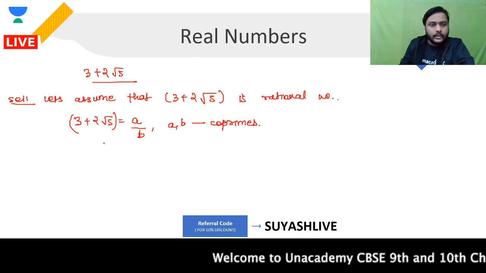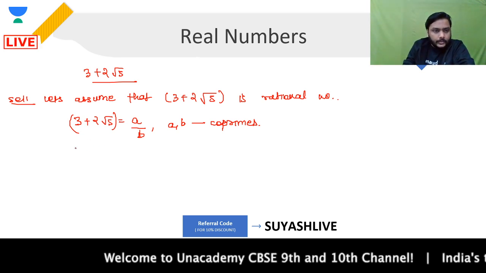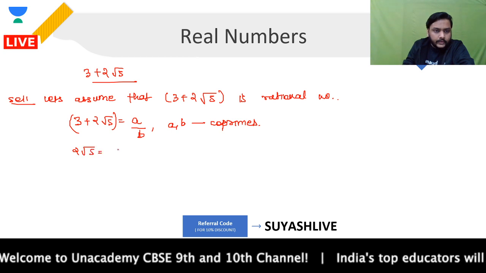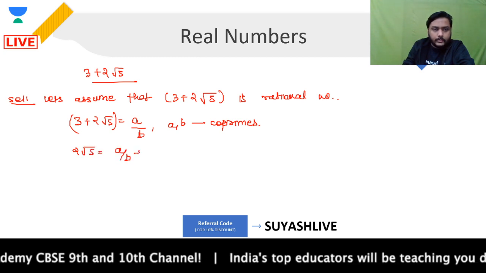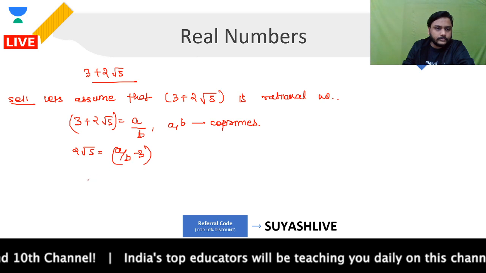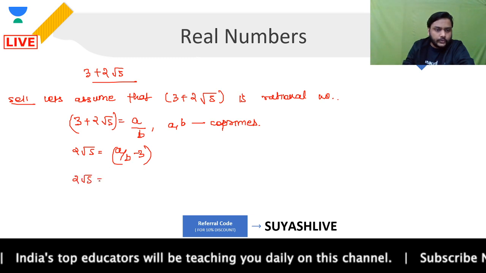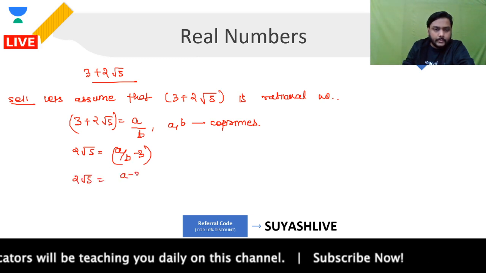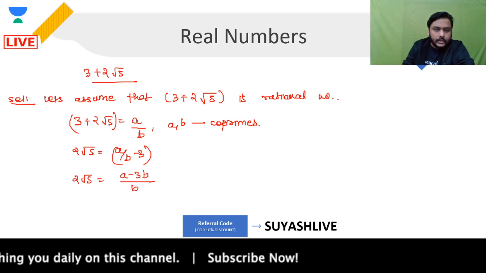Let's move ahead. From here, what I can say is that you will be having 2 root 5 is equal to a upon b minus 3. That is going to be 2 root 5 is equal to (a minus 3b) upon b.